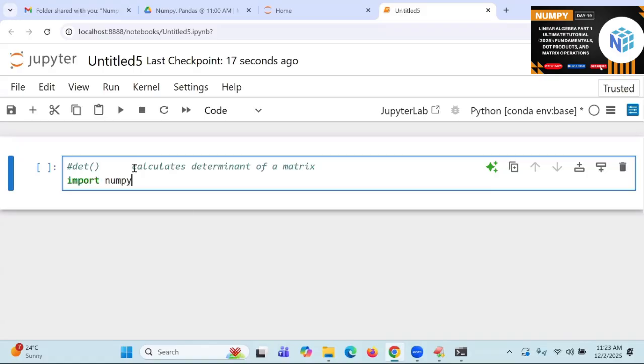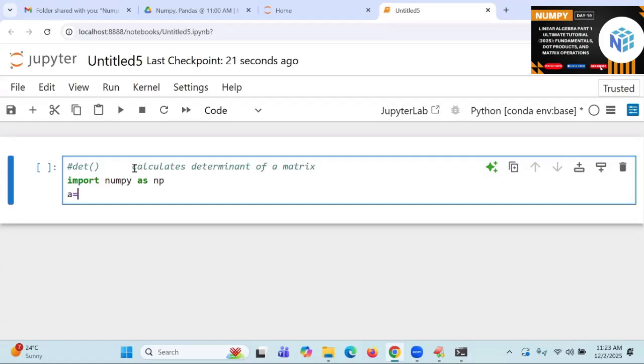Take one matrix: A is equal to np.array, with rows 4, 2 and 6, 4, 2, 6, and 8, then .reshape. Reshape of what?